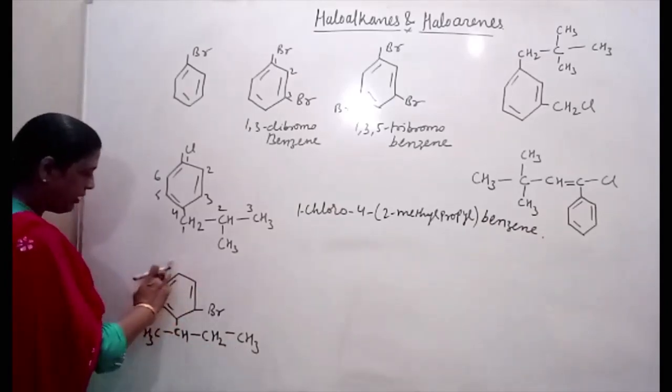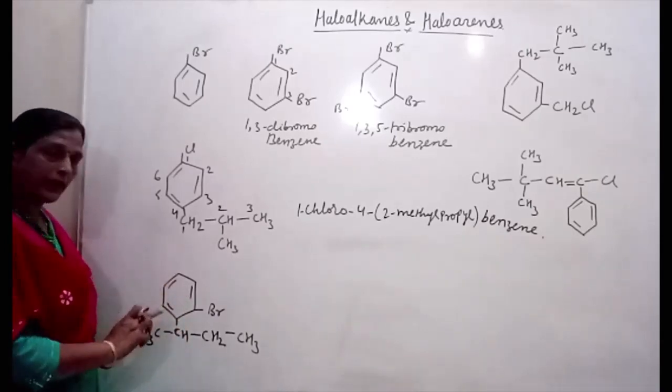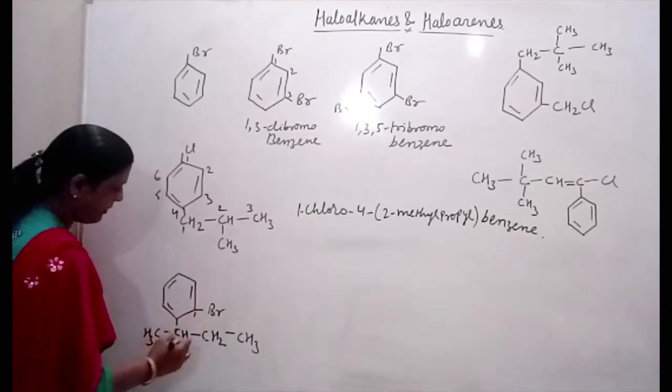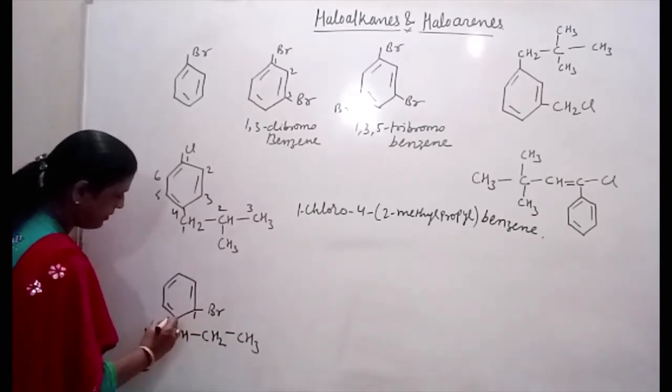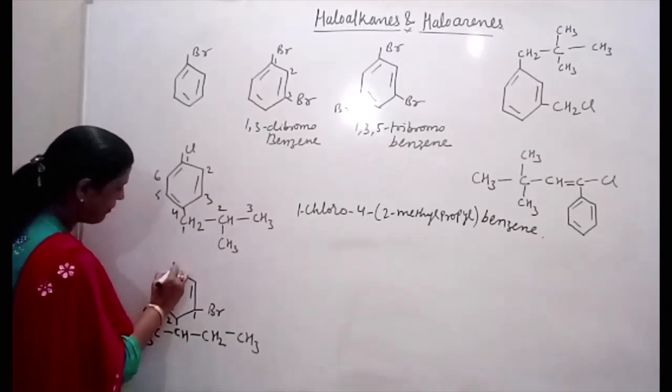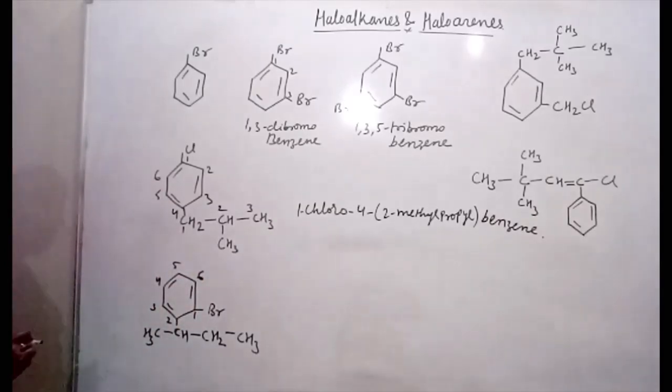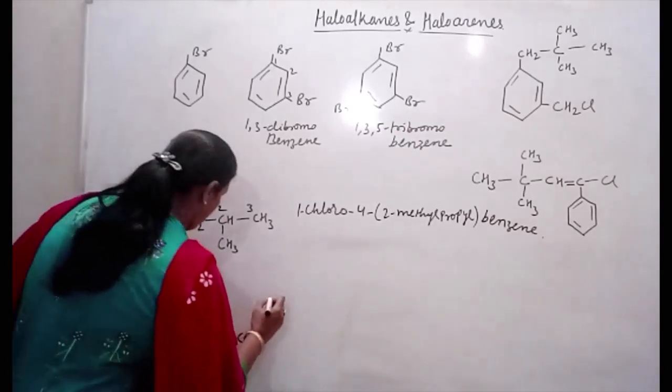So we take this 6-membered ring as the parent chain. Numbering is given from this side, 2, 3, 4, 5, 6. And what is the name of this compound?